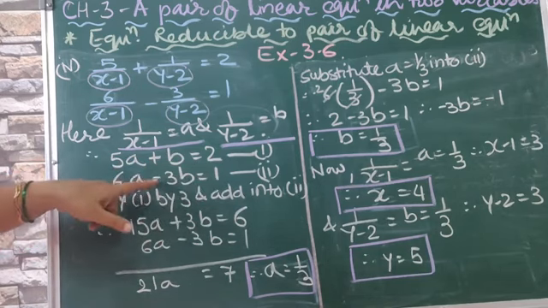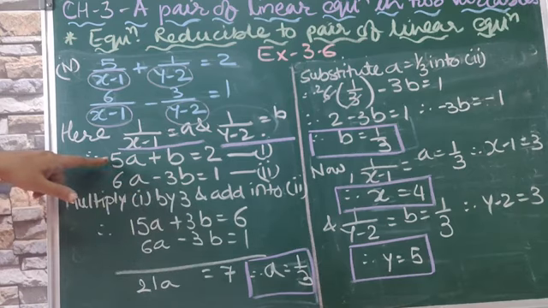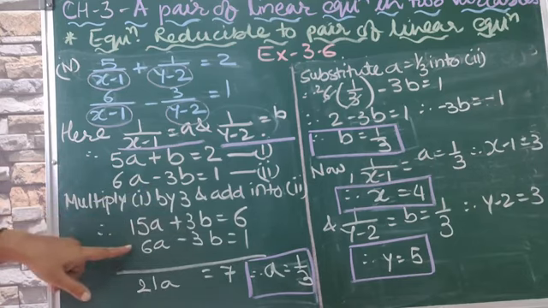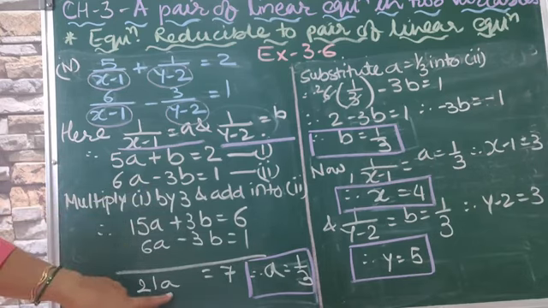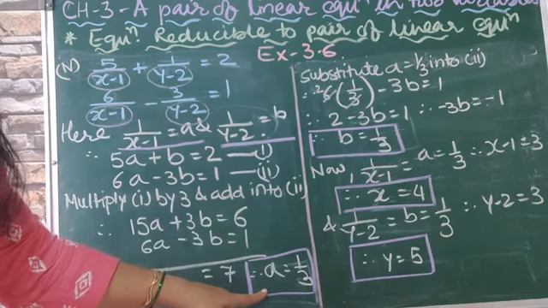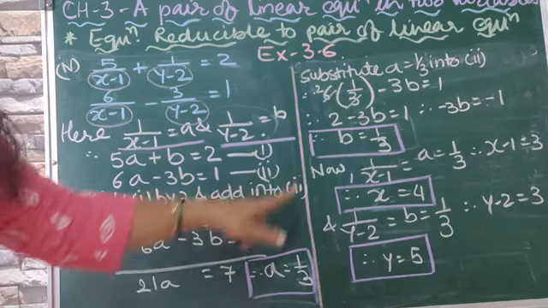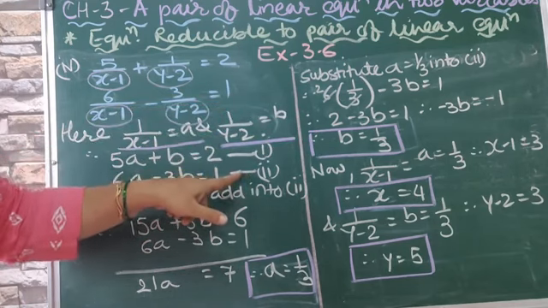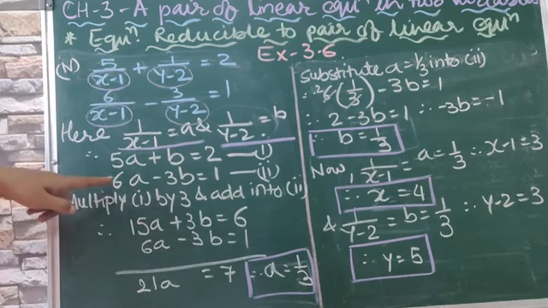Now here it is a plus and a minus, so if I multiply the first equation by 3 and add it to the second equation, by simplification I get a is equal to 1 by 3. That value I substitute in either equation 1 or 2, but here I have selected the second equation.